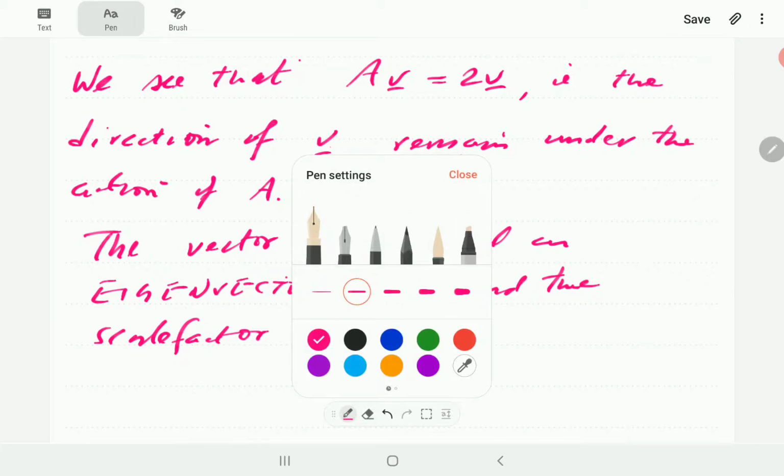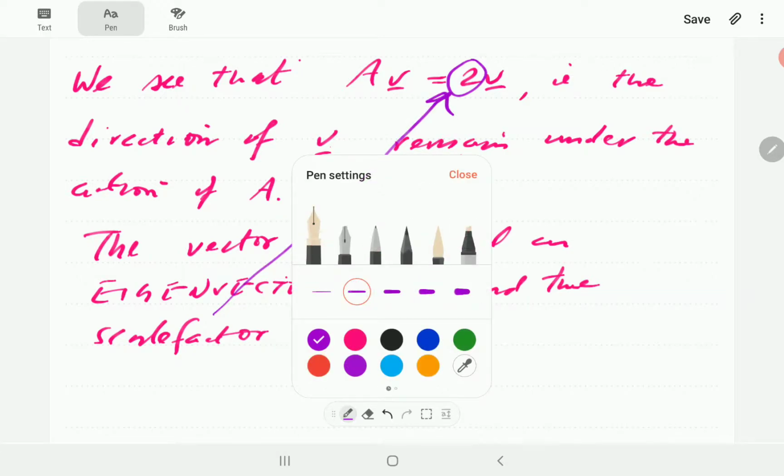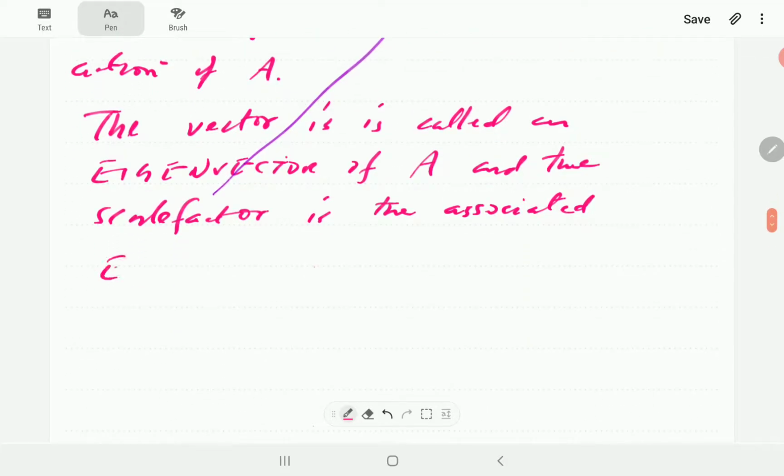So the scale factor is 2. So this one here is called the associated eigenvalue, right?